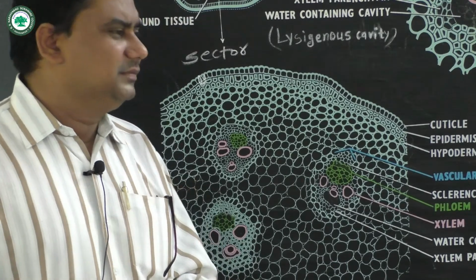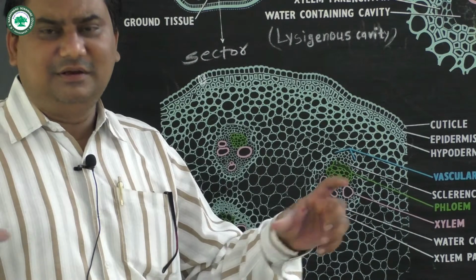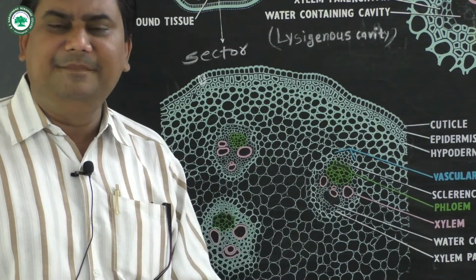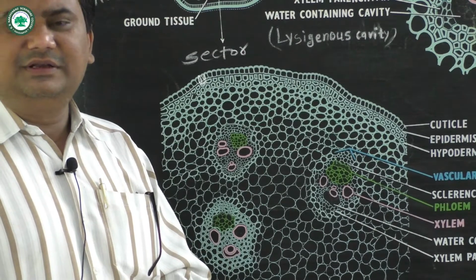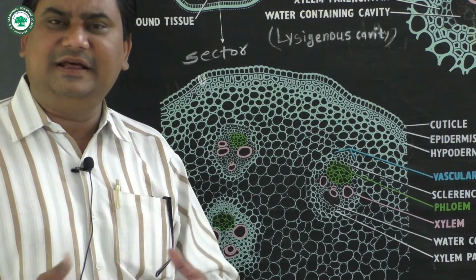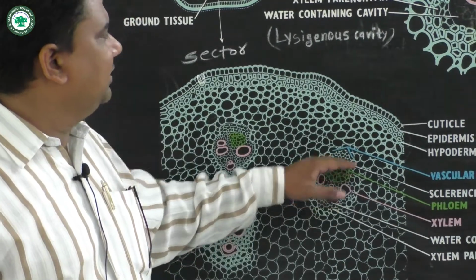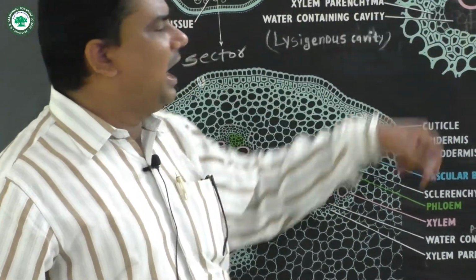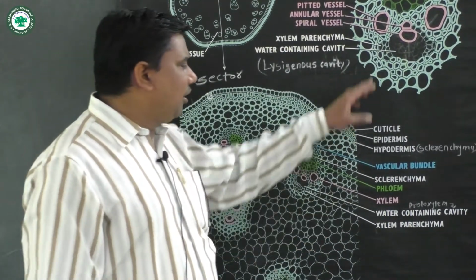Okay, in case of dicot, there is a cambium ring or multilayered cambium ring present. Cambium is responsible for secondary growth. But here, look, there is an absence of cambium in case of the monocot.